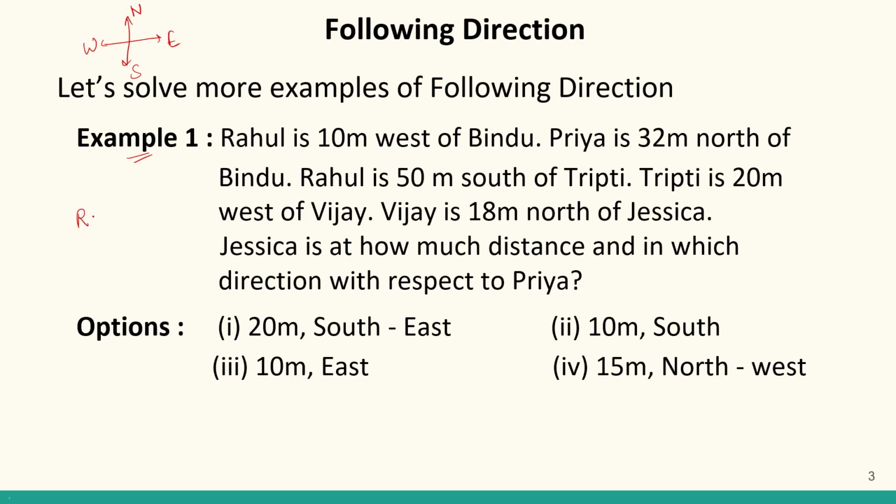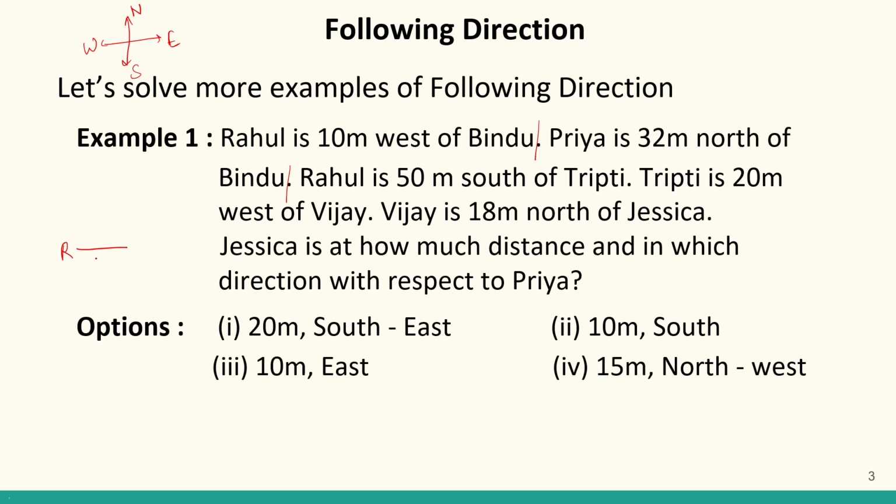So Rahul is 10 meters west of Bindu. Priya is 32 meters north of Bindu. Rahul is 50 meters to the south of Tripti. So Tripti has to be even more than this. So let me draw it again.